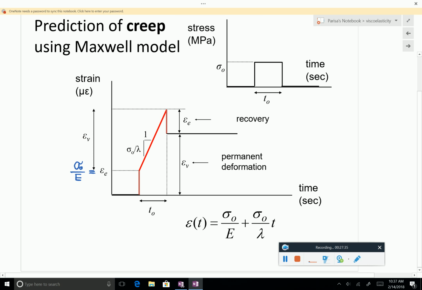How much? And this is t0, right? That's the duration. So the total strain here would be basically sigma 0 over E plus sigma 0 t0 over lambda.